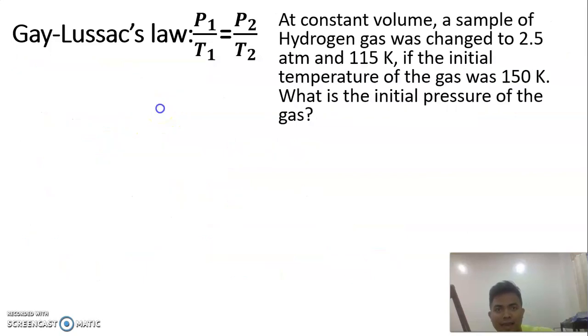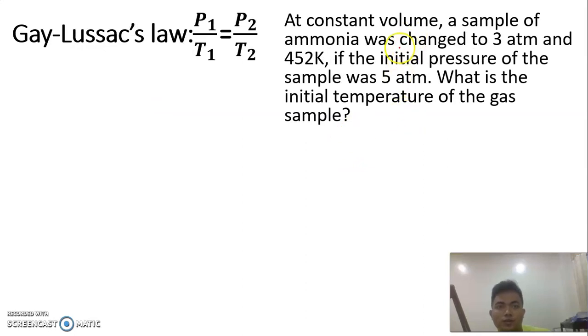So last two problems. Okay, so this one, what is the initial temperature of your sample? So you have here two pressures and two temperatures. For this problem, your given is not your initial pressure and temperature.